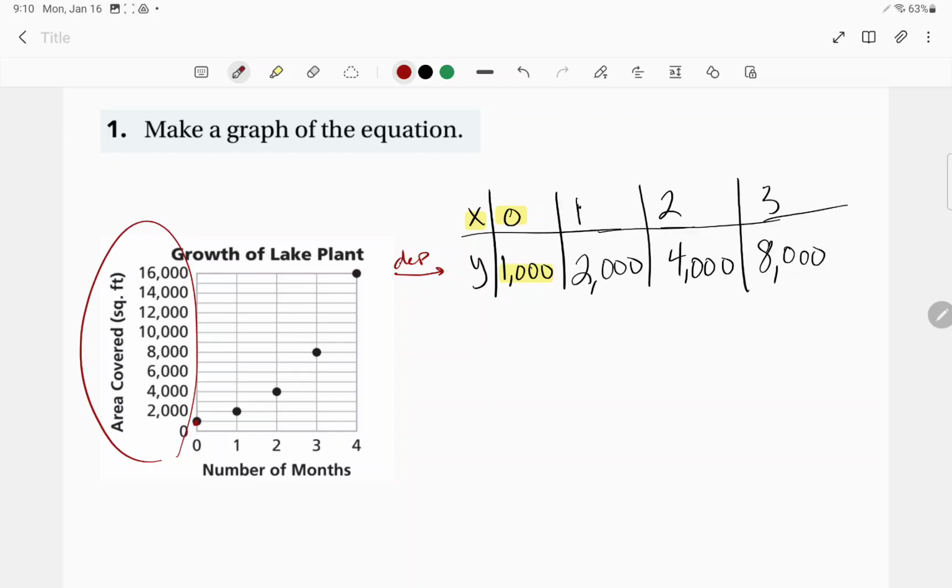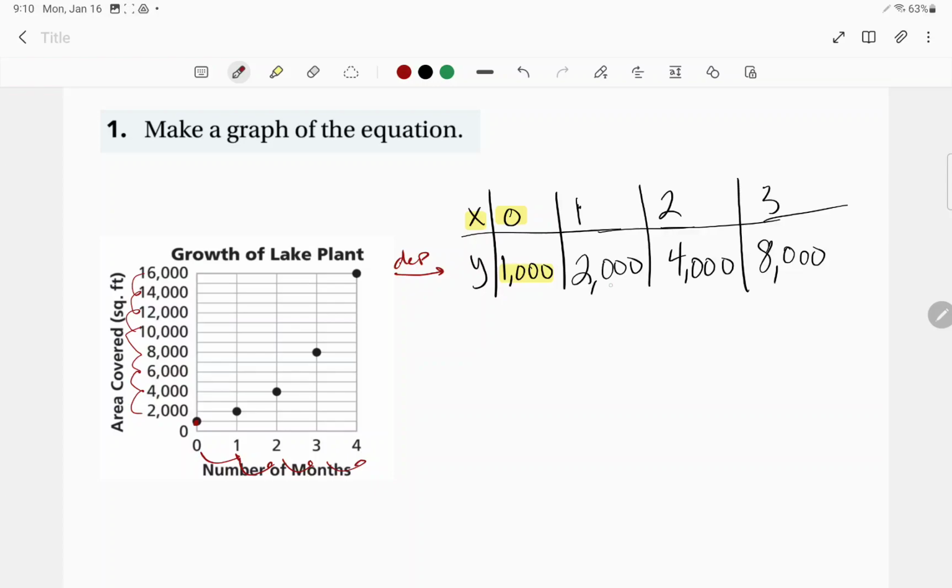So within just a couple months, you're at tens of thousands of square feet covered by this plant. So when you're graphing, make sure you set it up. Like in this case, we're going by 2s all the way up to 16. And then down here, the months just go by 1s. So you can just go 1, 2, 3, 4, however big, however small you went, that would be just fine.